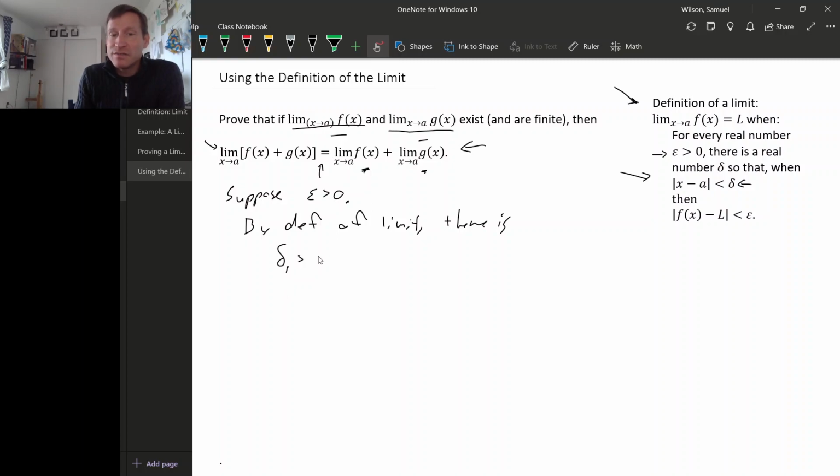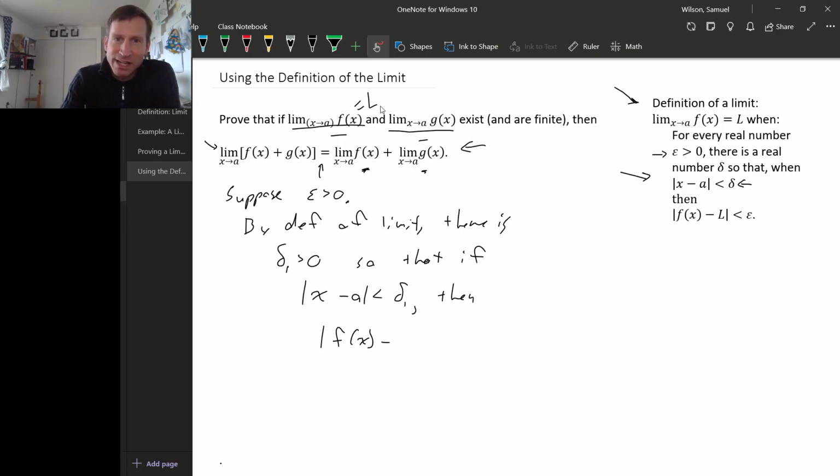There is some positive delta 1 so that if the distance between x and a is less than delta 1, then the distance between f of x and, here I'd better name this limit, let me call it L, and let me call this one M, then the distance between f of x and L is less than, so I can choose anything here, and I'm going to choose, instead of epsilon, epsilon over 2.